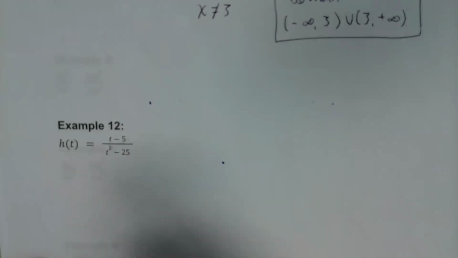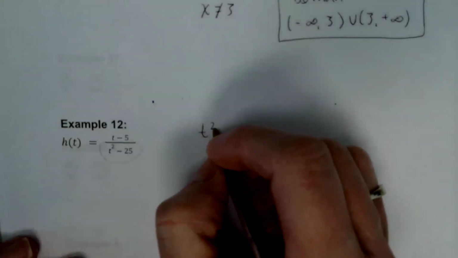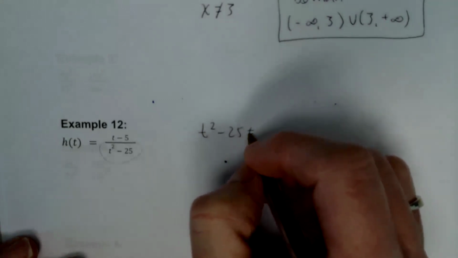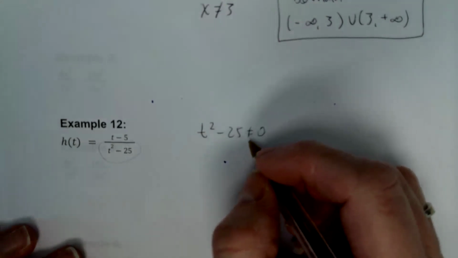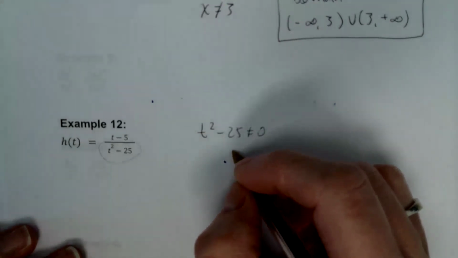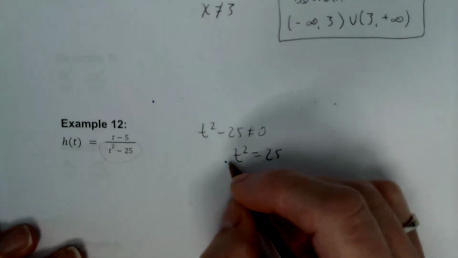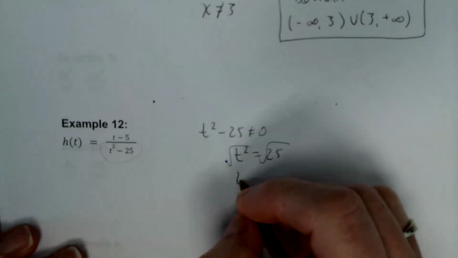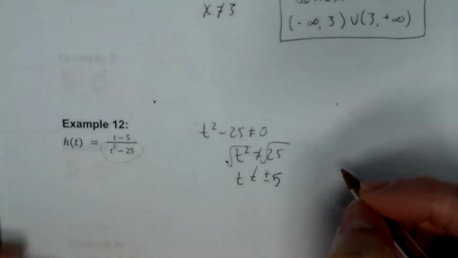And then for 12, we have to factor this because t squared minus 25 cannot equal 0. So we could factor, or we could set it equal to 0, right? So t squared equals 25, and we take the square root of both sides. So t cannot equal plus or minus 5.